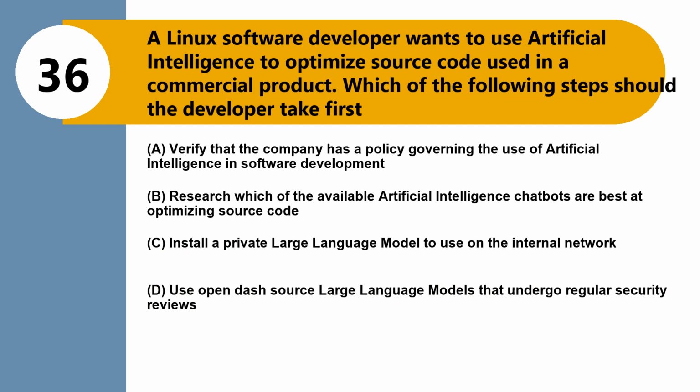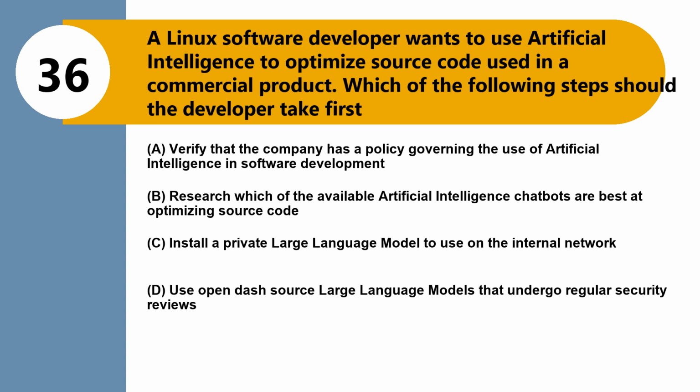Question 36. A Linux software developer wants to use artificial intelligence to optimize source code used in a commercial product. Which of the following steps should the developer take first? Option A, verify that the company has a policy governing the use of artificial intelligence in software development. Option B, research which of the available artificial intelligence chatbots are best at optimizing source code. Option C, install a private large language model to use on the internal network.